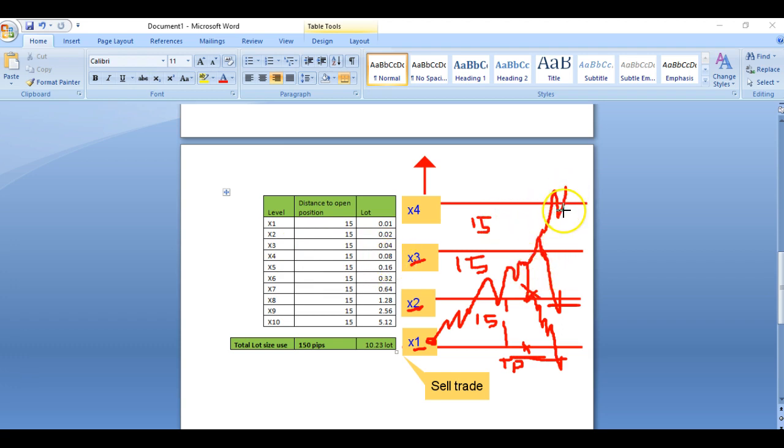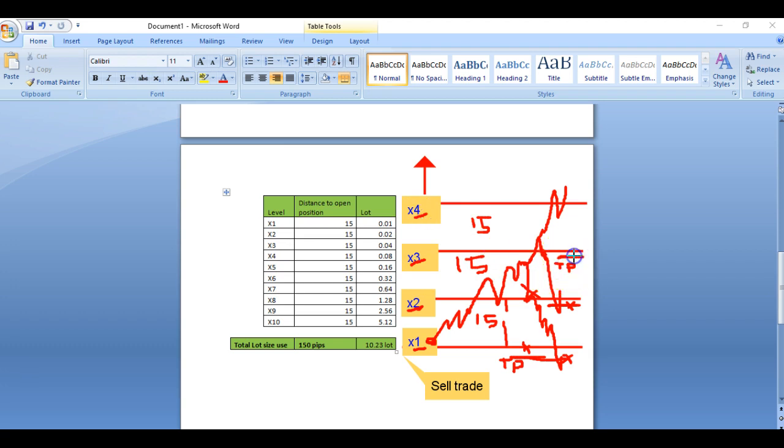The moment it triggers X4, the TP will transfer to here, another TP here, but this particular TP will be deleted, so it will not be a TP anymore.